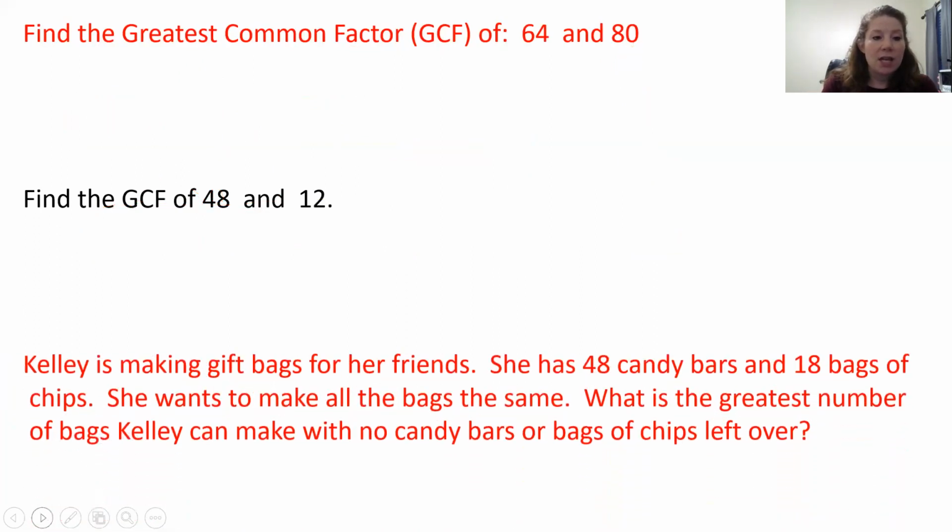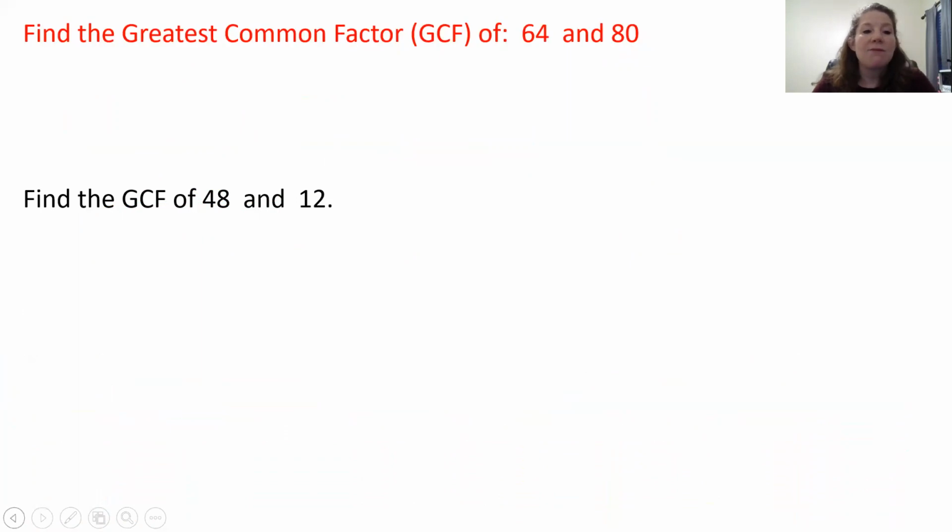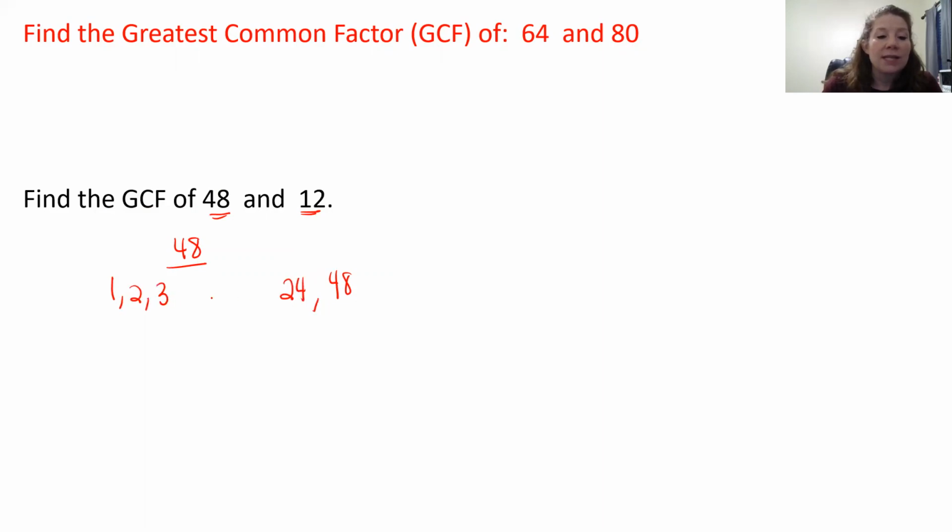All right, moving on. What about the greatest common factor? So greatest common factor, factors are small numbers. So let's do it again. Let's do 48. The factors are 1 and 48. 2 and what? 24. 3 and 16. 4 and 12. 6 and 8.